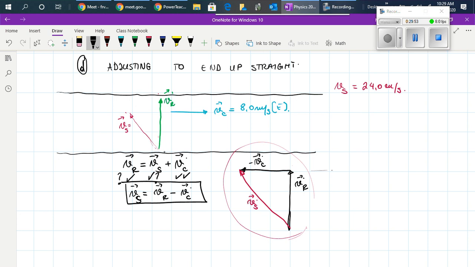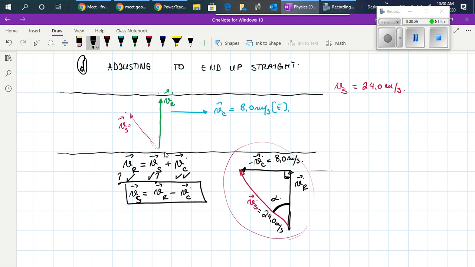Now, in this vector representation, the velocity of the current is given as 8 meters per second, and the velocity of the swimmer in still water is 24 meters per second. I'm asking you, what is this angle alpha? How can you find this angle when you are dealing with a right angle triangle?